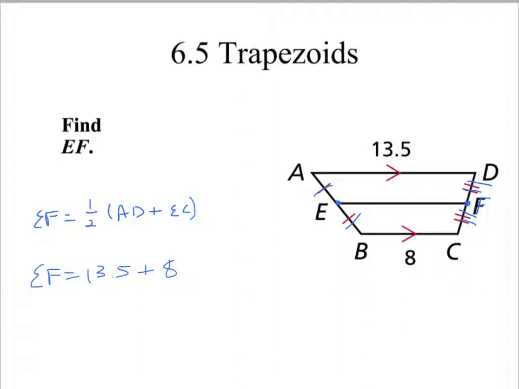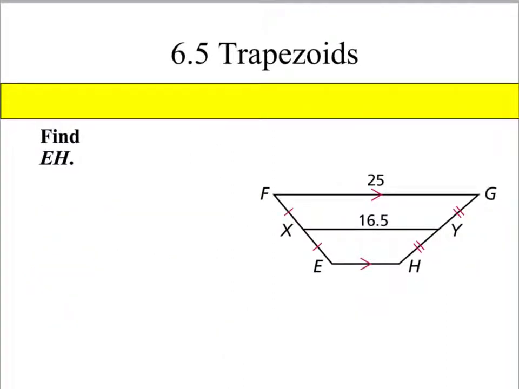Whoops, we are not having AC up here. We have BC up here. My mistake. And then we're going to take 13.5 plus 8 divided by 2. So when you take all of that, you have 21.5. Divide that by 2, and you will come up with EF is going to equal 10.75. All right, so now we found EF. We added our two bases together, which was AD and BC, divided by 2, and we get our mid-segment. Awesome. This one we are going to write down.